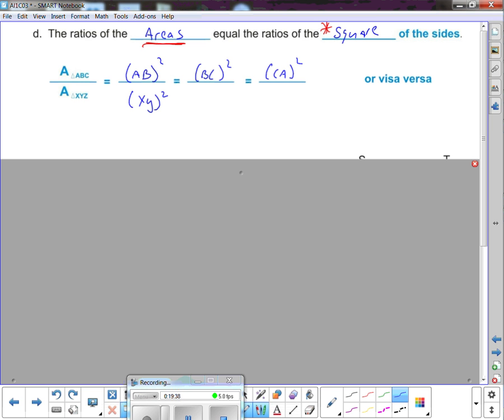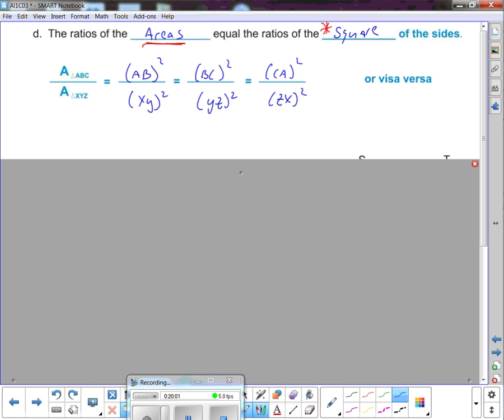See the ratio of the sides squared, the square of the sides. And this bottom's got to be YZ squared. And this bottom has to be ZX squared. Or vice versa, right? You can flip it the other way. Okay, so be careful. That one you have to remember.